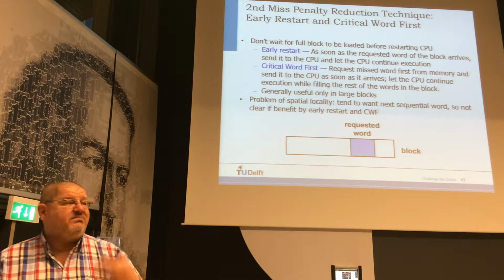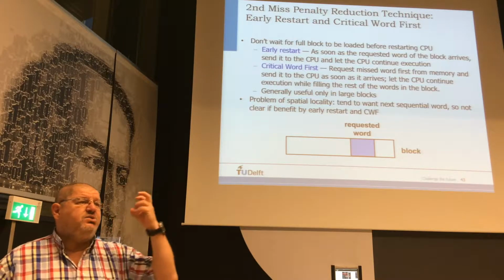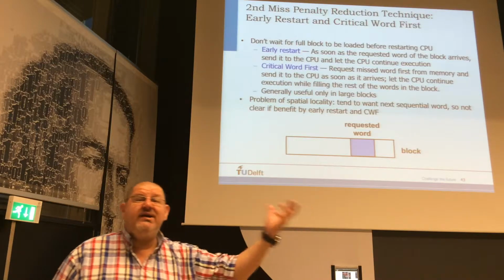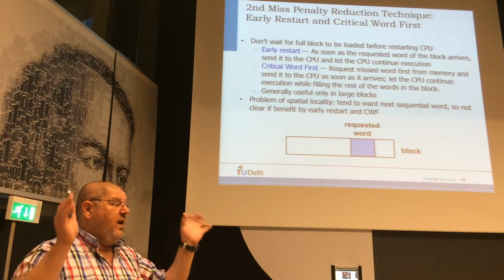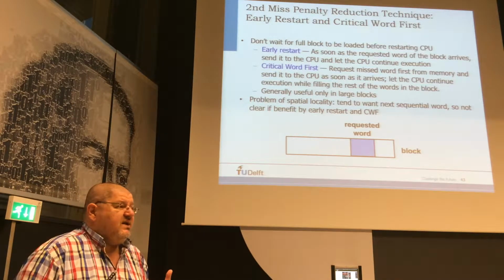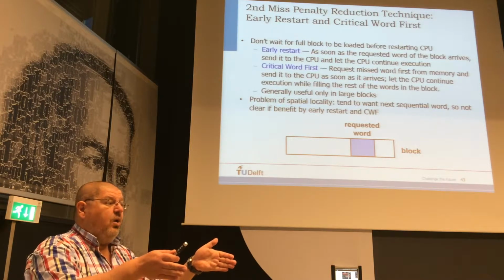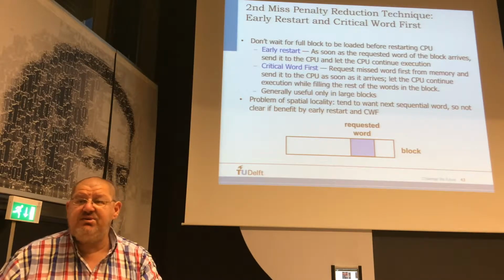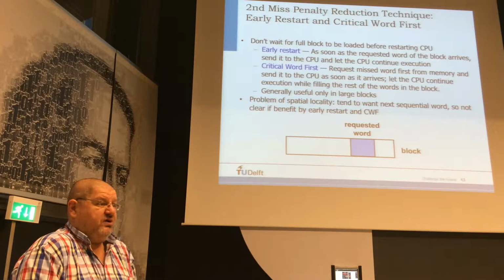When I have a miss, the cache controller will go to the next level, which can be another cache or the main memory, and will bring a cache line. And a cache line, as we discussed, is longer than one location. Now, I can wait until the entire cache line is in the cache, or I can start the execution whenever the item that I'm looking for is already available. And the cache controller can help me with that.